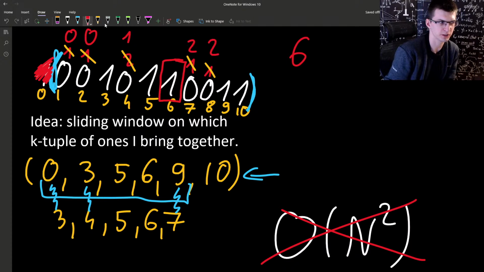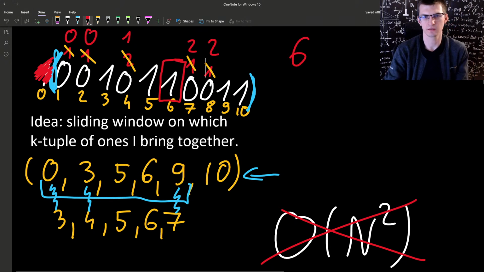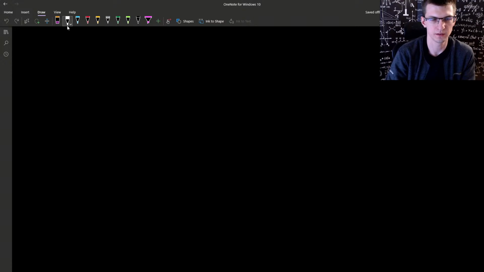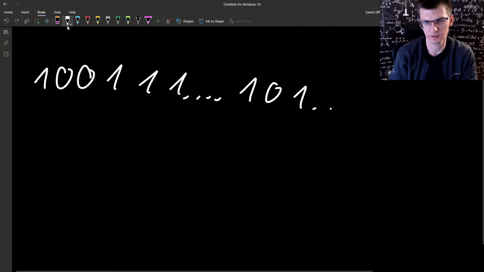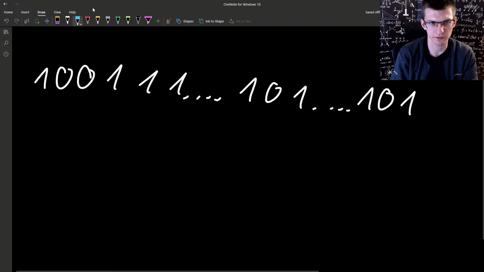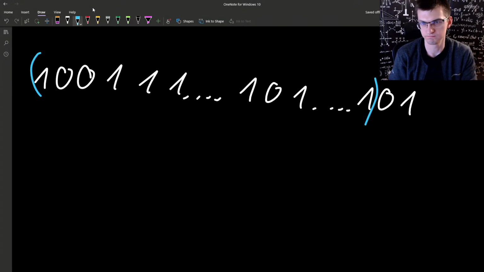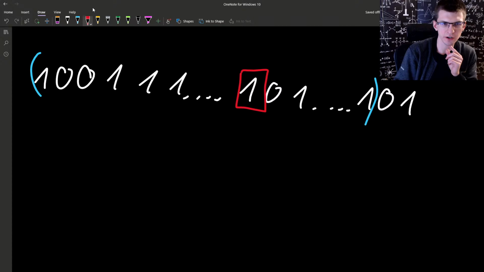So maybe what I will need to do is, let's try to make it more general. When I have some sequence, doesn't matter what it is exactly, and I consider the interval from here to there, with this being the median, the middle point. For every zero I counted how many ones need to jump over it.